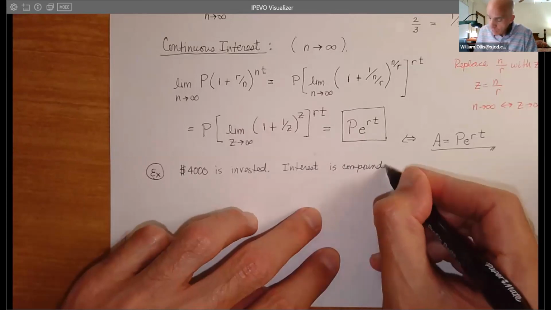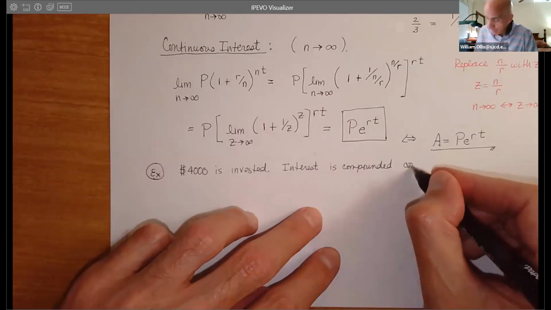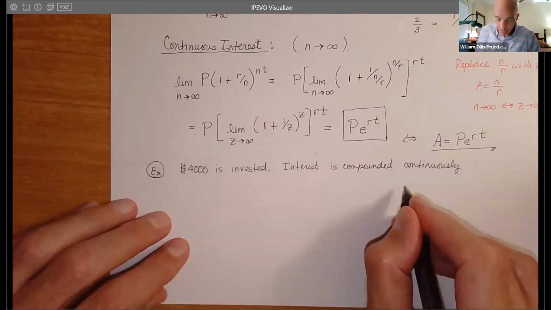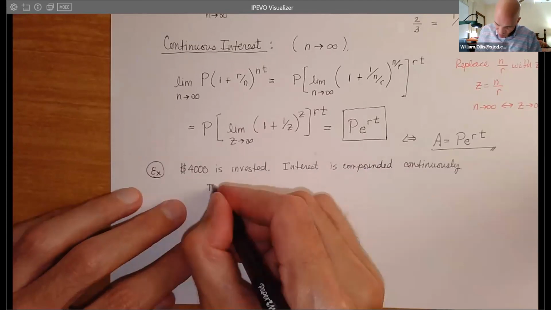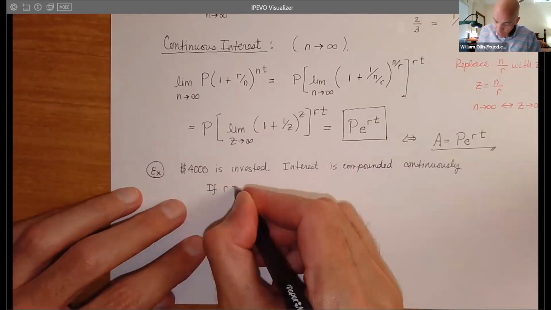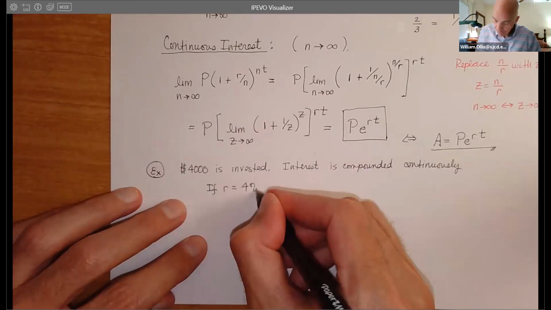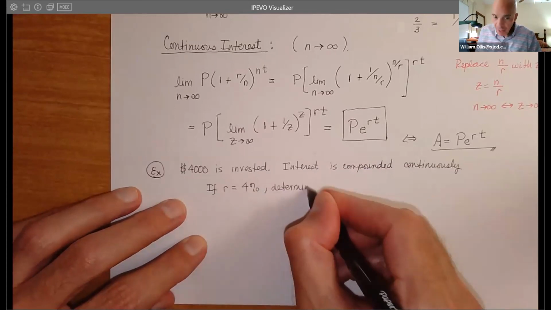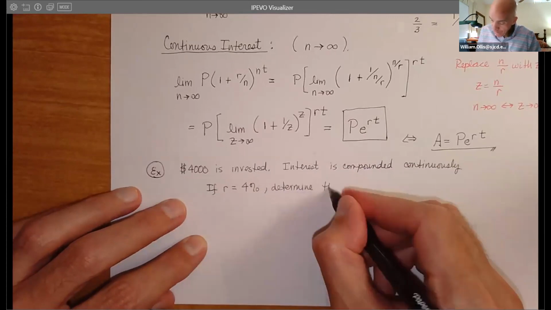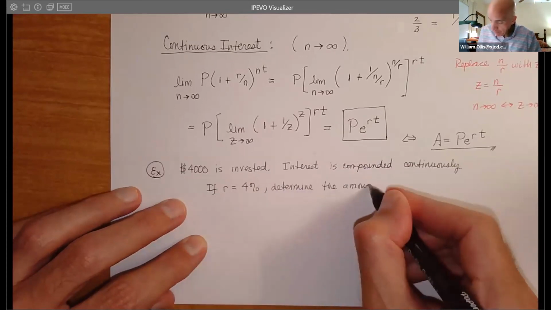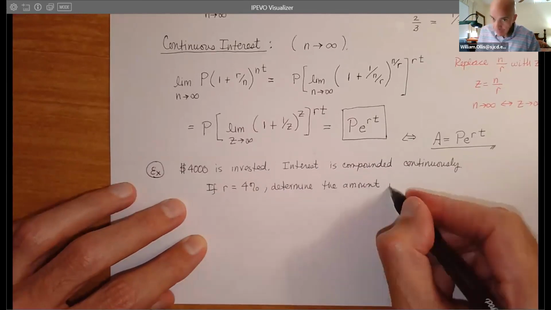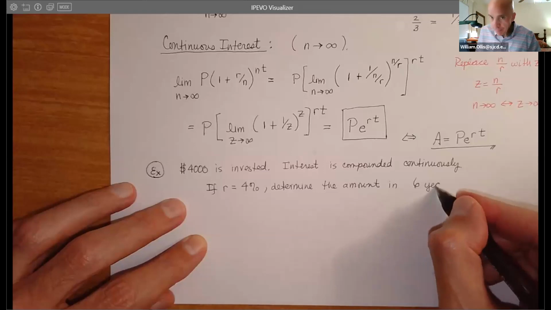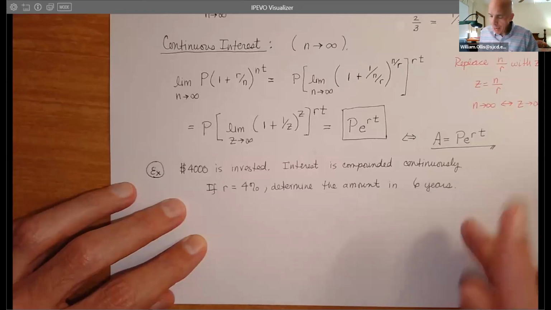We're given that r equals 4%. Determine the amount in 6 years.